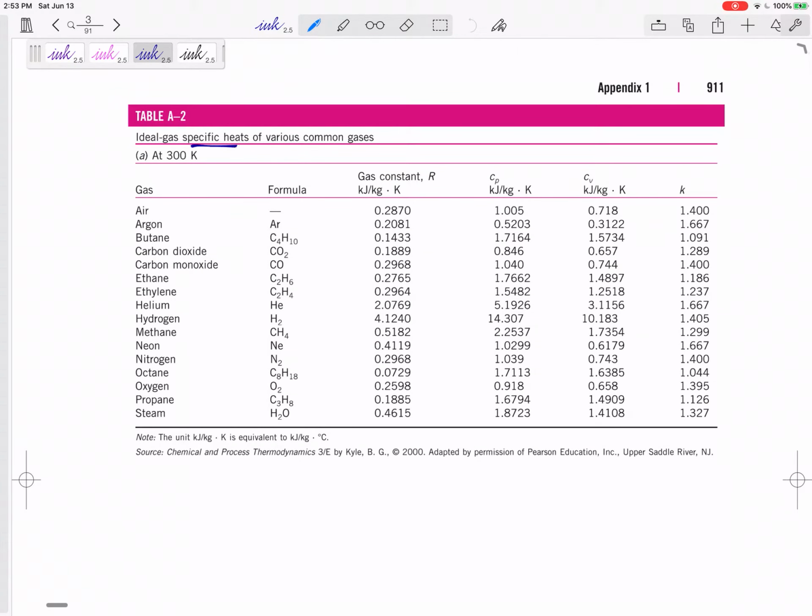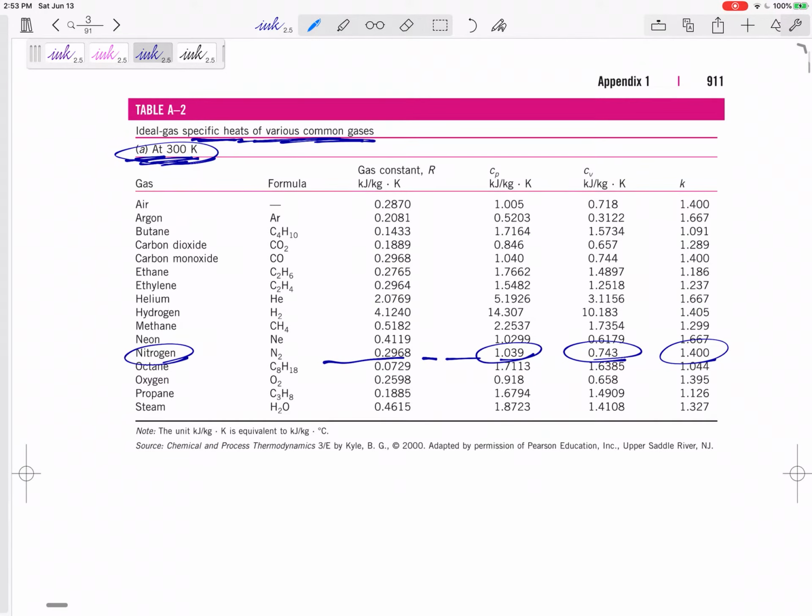This is specific heats of various common gases at 300 degrees. So, nitrogen, you look over here, its Cp is 1.039, its Cv is 0.743, its K, we'll talk about that, is the ratio of those two. All right, so this table is at 300 Kelvin.